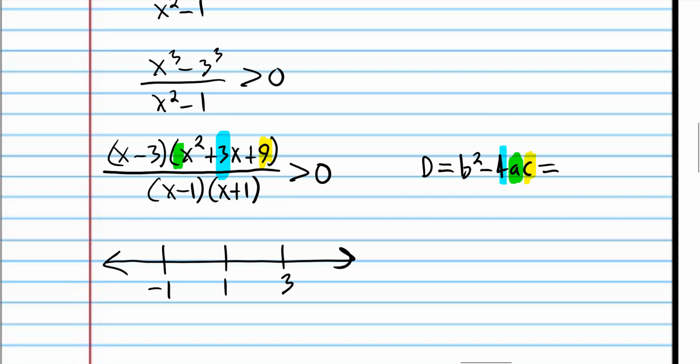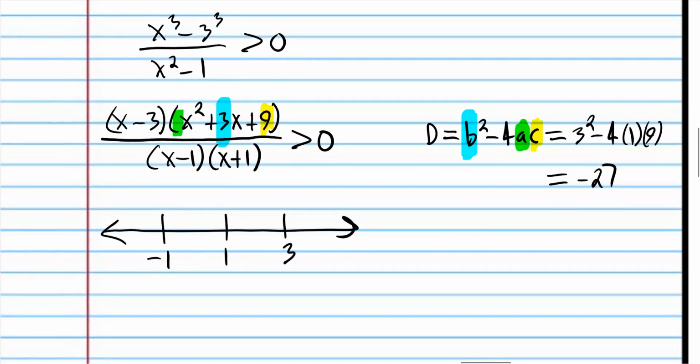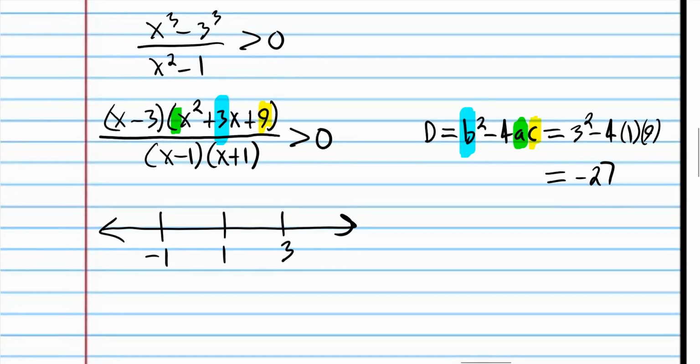Whoops. And so we have 3 squared minus 4 times A times C, which gives us 9 minus 36, which is negative 27. It's a negative discriminant, which means that there's going to be a negative under the root if we try to find something that will make that 0. So that means that we don't have to factor that expression.